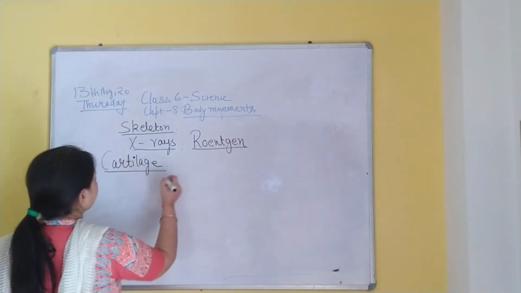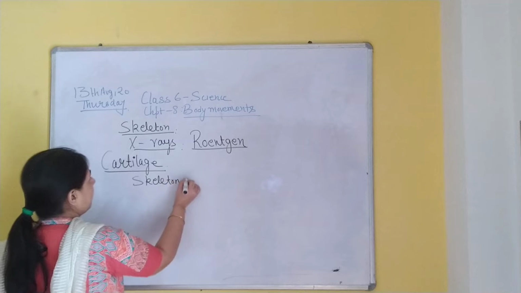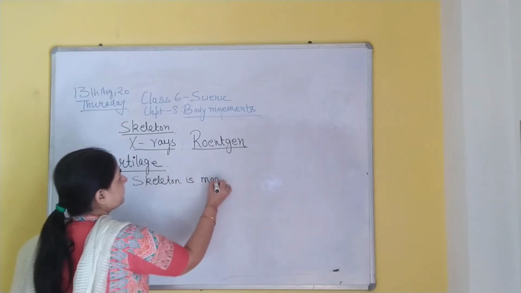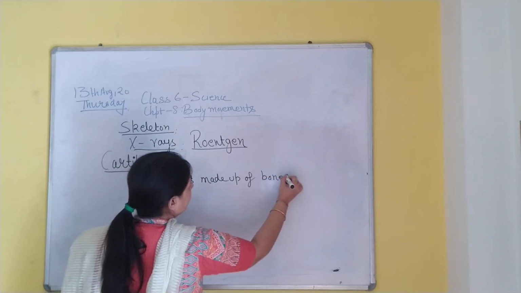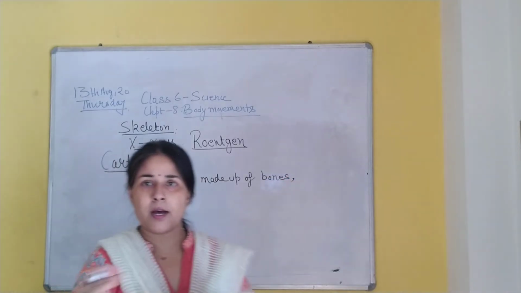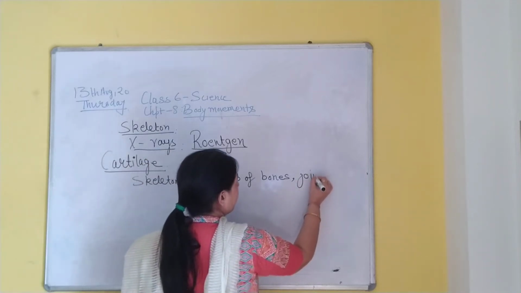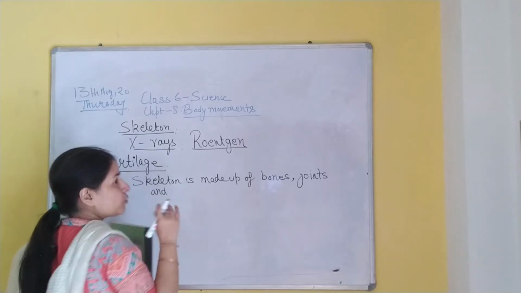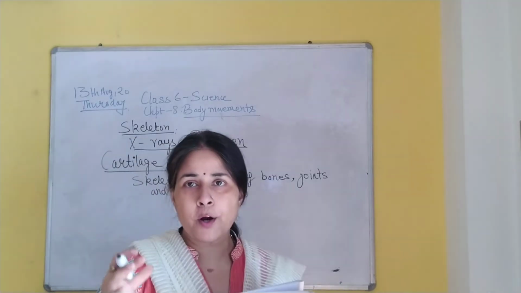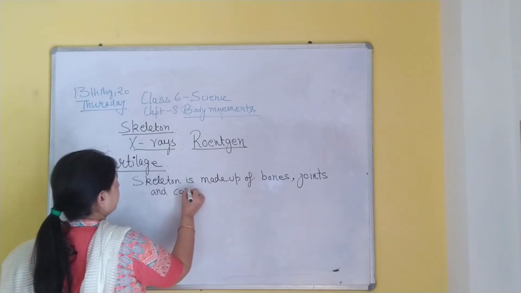So the skeleton is made up of bones, then the bones are joined together at the portion which is known as joints, and there is some softer tissue which is not like bone, soft and flexible, that is cartilage.